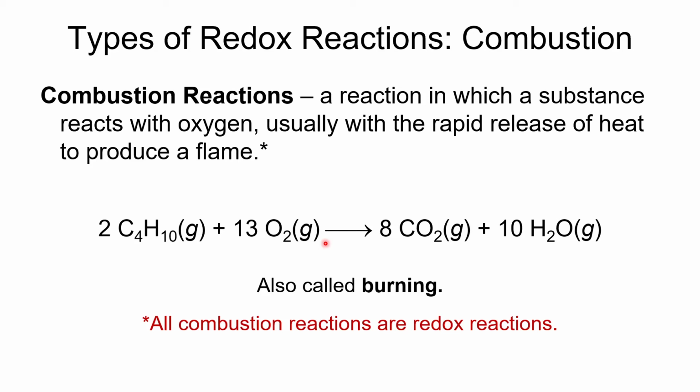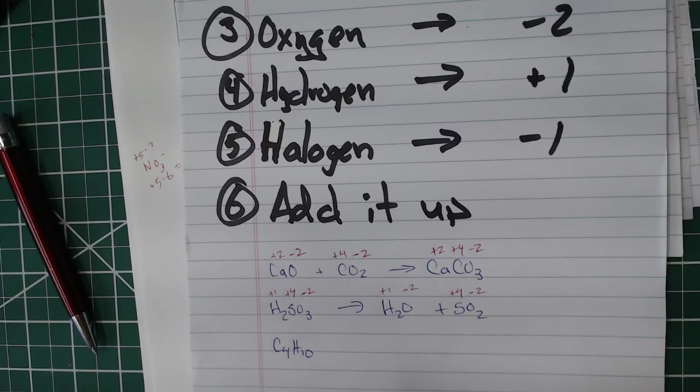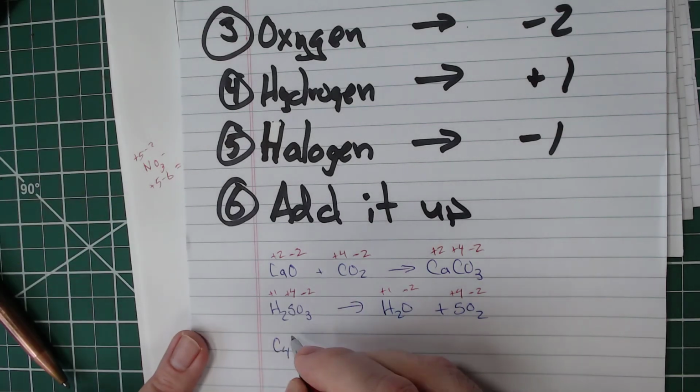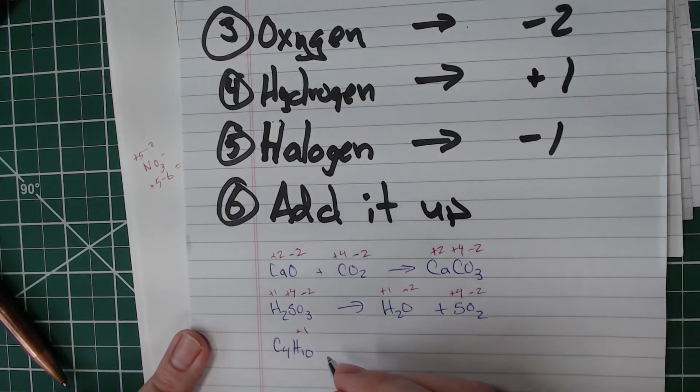All right, so this will just take a minute, but look at that compound, C4H10. I'm going to write it down on this other piece of paper. We're going to figure out the oxidation state for this, and you may have your mind blown here. So +1 for the hydrogen times 10 is +10.